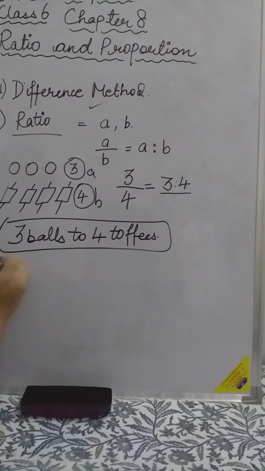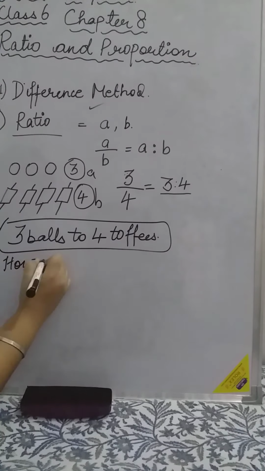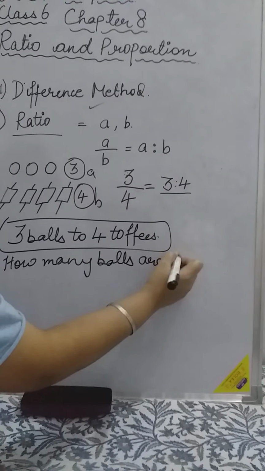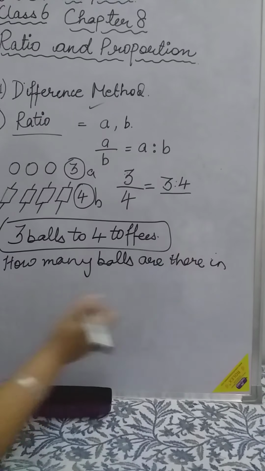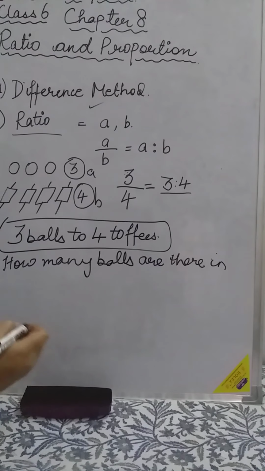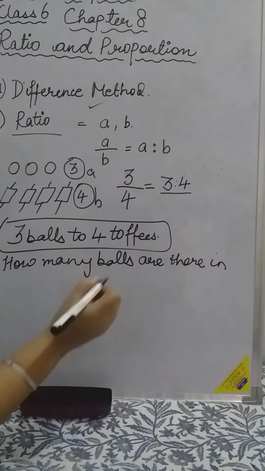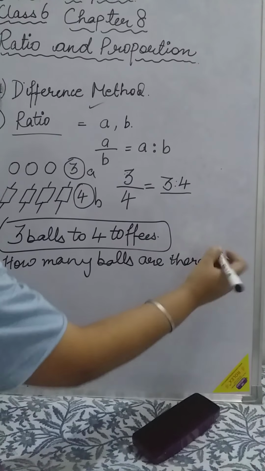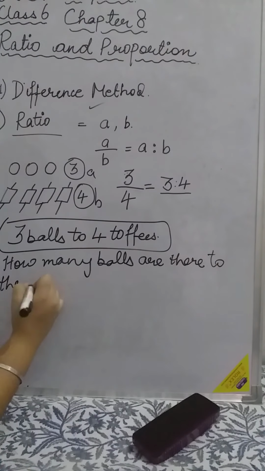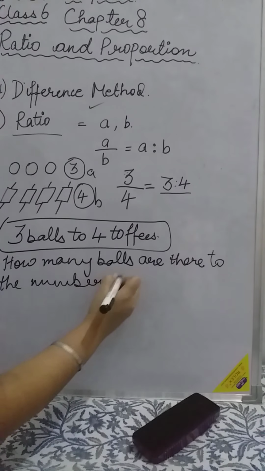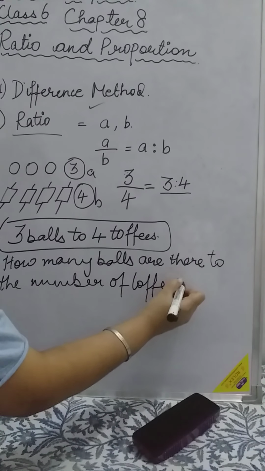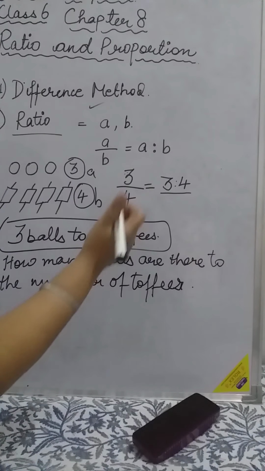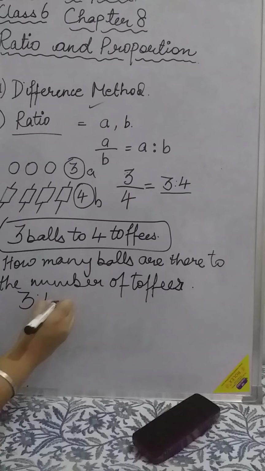The question is: how many balls are there in proportion to the number of toffees. So this is going to be your answer: 3 balls to 4 toffees, or 3 is to 4.